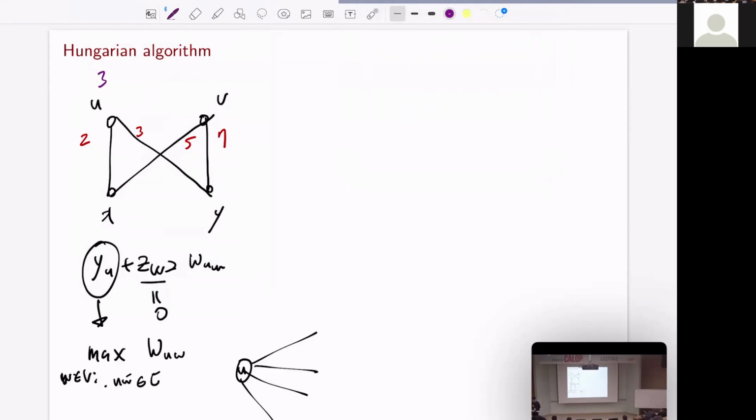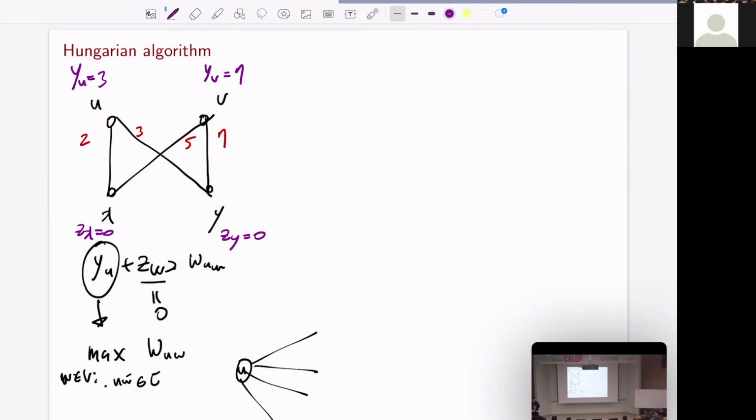Okay, so you have ux with weight 2 and uy with weight 3. So I'm going to assign 3 to yu, and yv will be 7. And zx will be 0 and zy will be 0. Then this gives you a feasible solution to the dual.